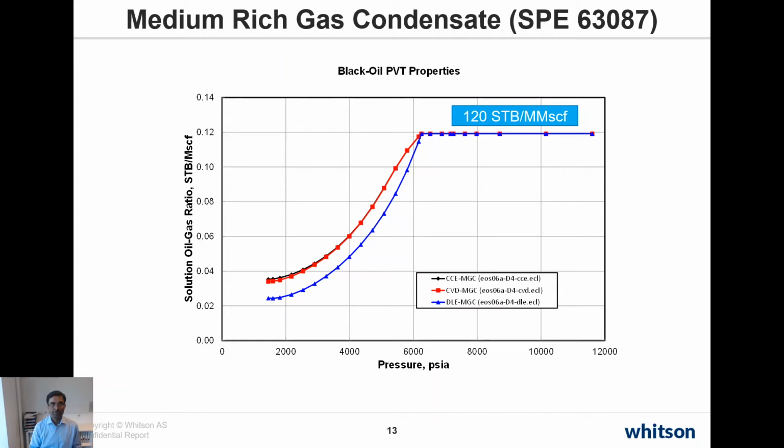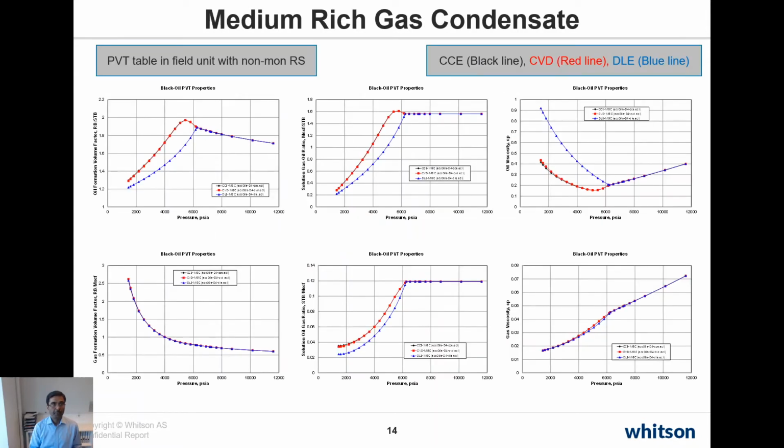Here also we see that CCE and CVD black oil PVT tables are quite similar, but DLE is different. These are the black oil PVT properties for oil and gas, and here also we see that CCE and CVD are quite close and DLE is different.